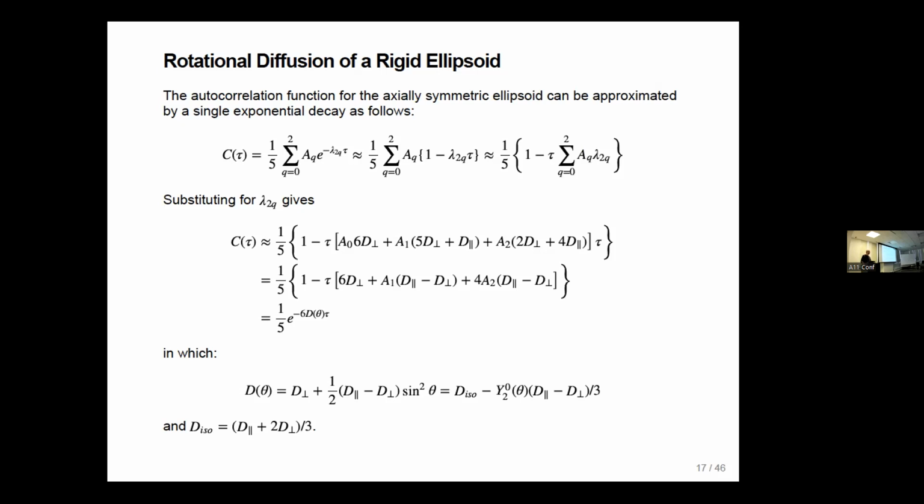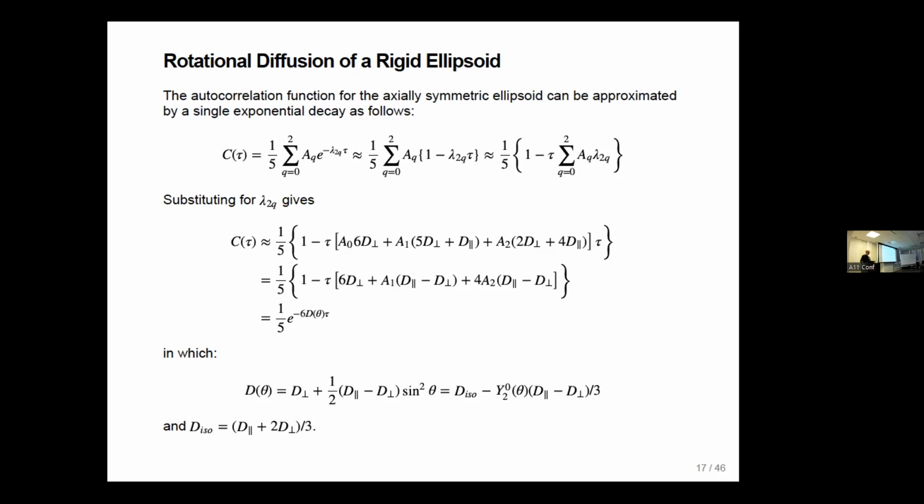This actually confuses people sometimes, because if you have a linear anisotropy measurement for diffusion, that depends on the first order spherical harmonics, and then L times L plus 1 is 2.